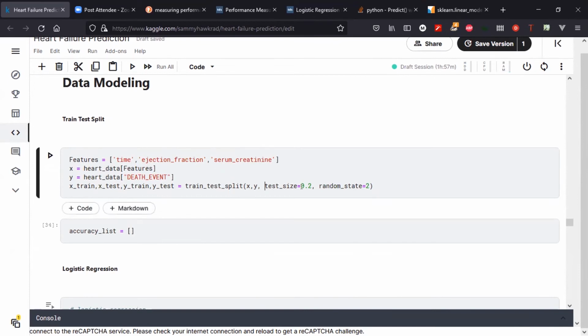Test size is 0.2, that is 20%, and the remaining 80% is used as training. At the end of the training, we use the test size, that is 20% of the data, to test the model, and the results that we get out of the test will determine how our trained model performed.